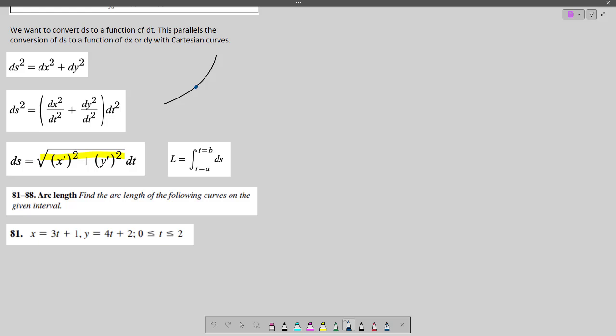There was the differential triangle that we talked about long ago. If we go ahead and pick 2 points on the curve, we can say that this is dx, this is dy, oops, not dy, that is delta y.